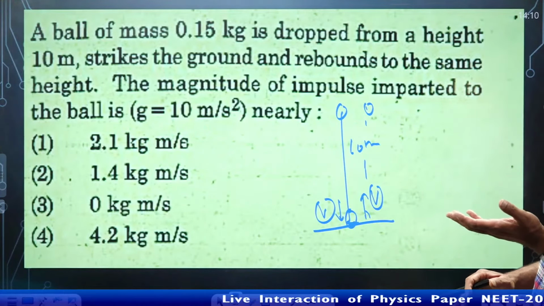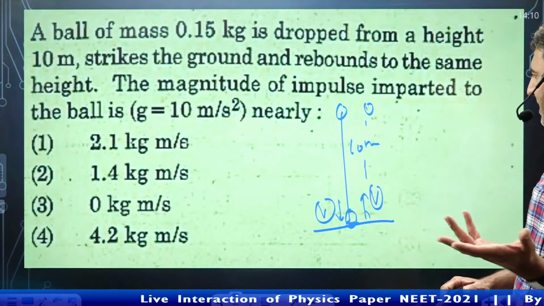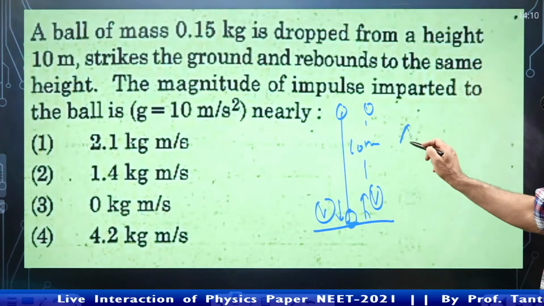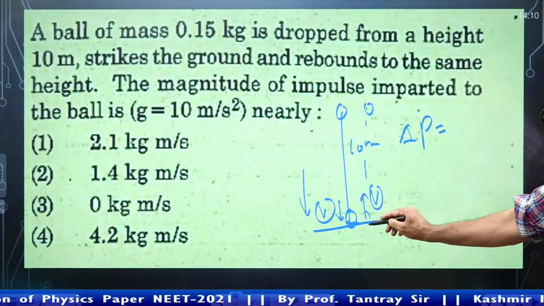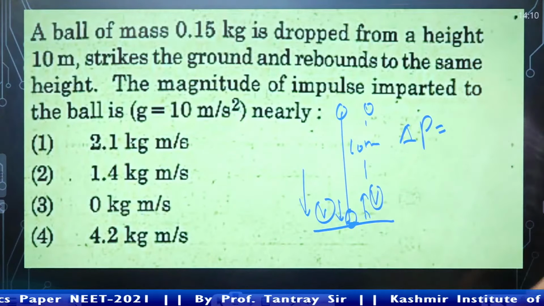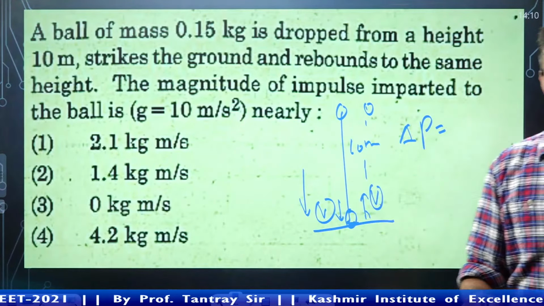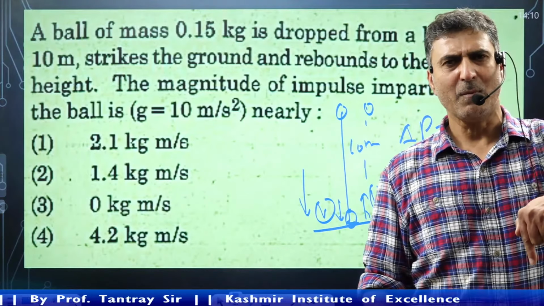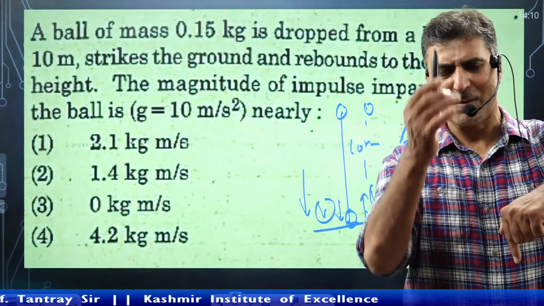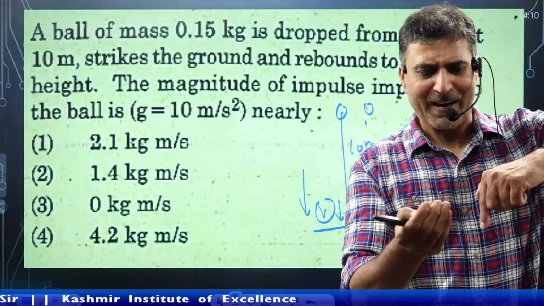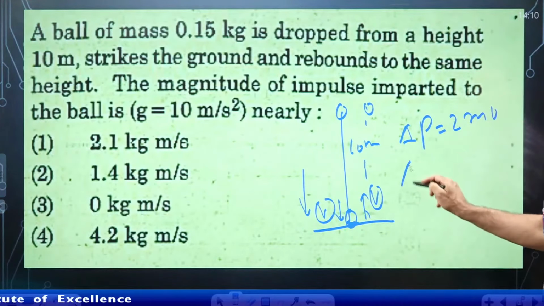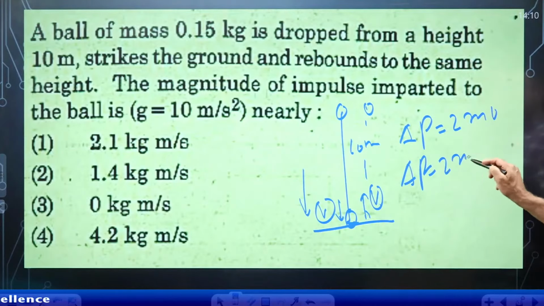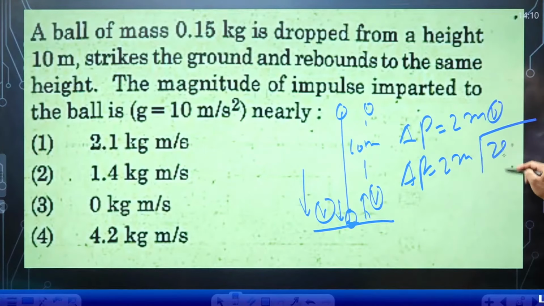You can do it by many methods, but the simple method is, what is the change in momentum? mv is the downward going momentum and mv is the upward coming momentum, but the direction is different. If you subtract the two momenta, you get 2mv. Delta p is equal to 2mv, where v is root of 2gh.